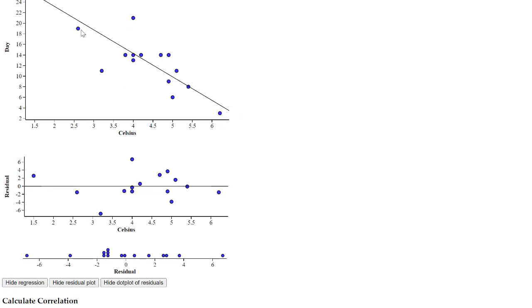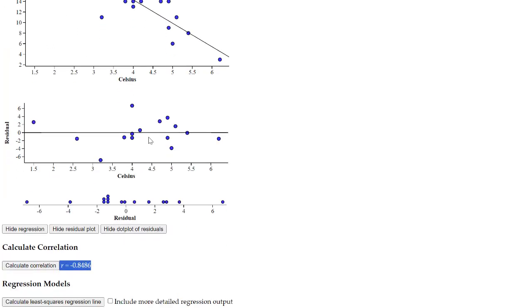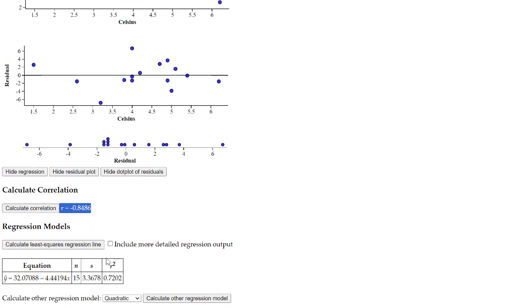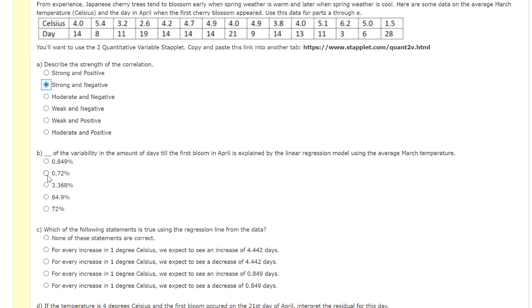Well, because the line predicts it'll be close to that low and close to that high. So how do we figure out that value? Well, if you make sure to calculate your regression line, it's going to square the R for you. This is R squared, and that explains percent of variation. But make sure to change that to a percent by moving the decimal 2 places to the right. So we'll go ahead and do that. And it's 72%. So it's not 0.72%, it's 72%.